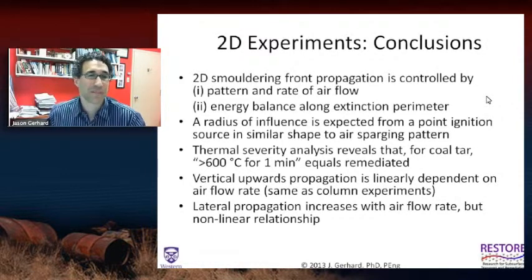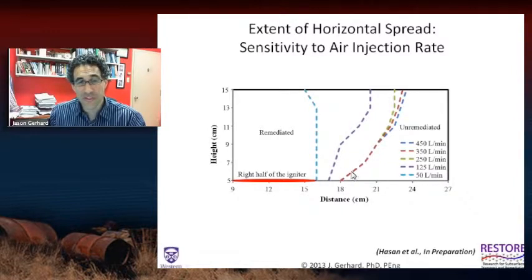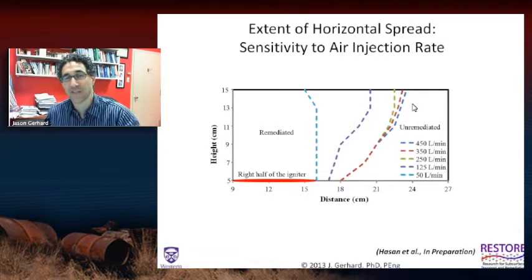I didn't talk about that too much, but when we have that reaction front here, basically this is an extinction front. There is a balance of energy going on here between the amount of energy produced, the amount of energy carried forward, and the amount of energy being consumed. And so there's an extinction front here. And as we change the airflow rate, we're changing that energy balance. So we're pushing that reaction front, the extinction front, outwards.